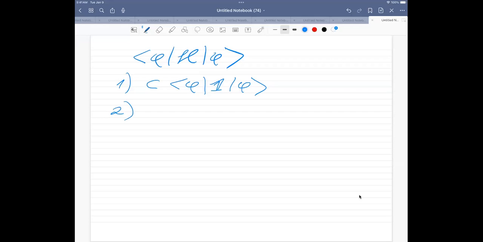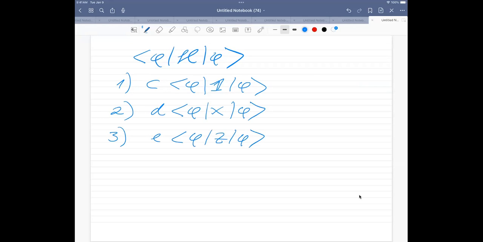But let's just set up the quantities we need to evaluate. Then there is a new quantity which contains the Pauli X matrix of phi. And finally, there's another constant multiplied with C, multiplied with phi.